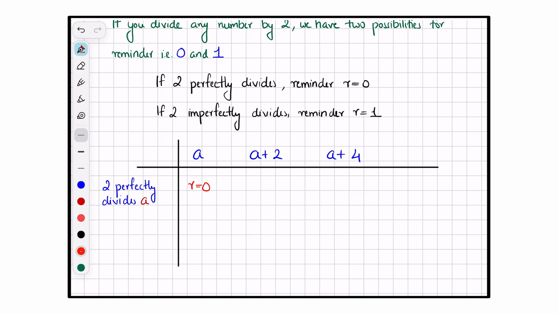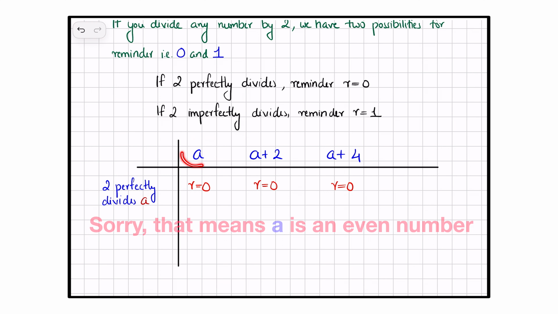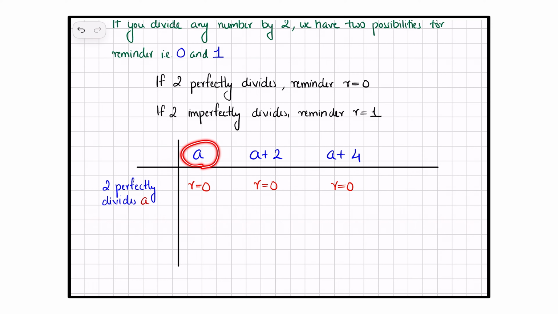For a plus 2 again, the remainder will be 0. For a plus 4 again, the remainder will be 0. Why? Because if 2 perfectly divides a, that means a is an even number, right? And a plus 2 and a plus 4 will also be even numbers. So if 2 perfectly divides a, we have remainder equal to 0, and we have the same remainder in all cases.